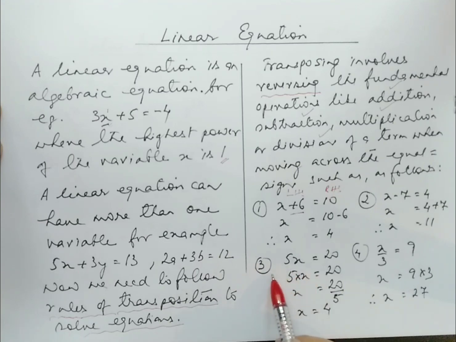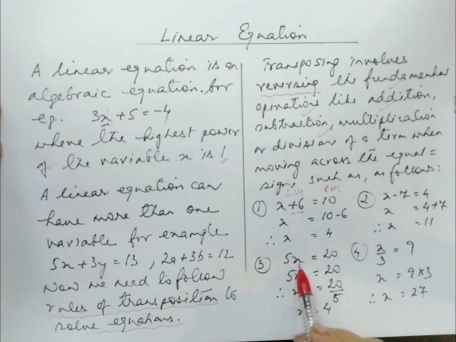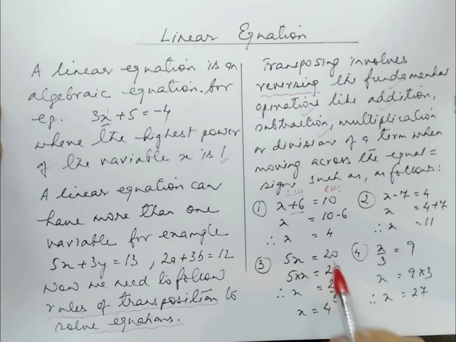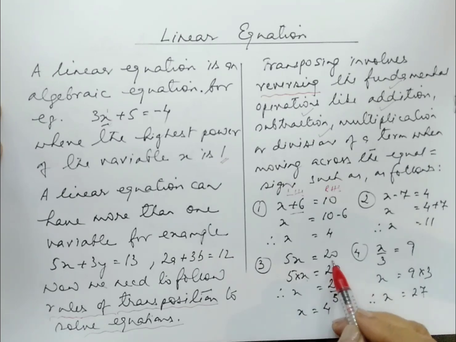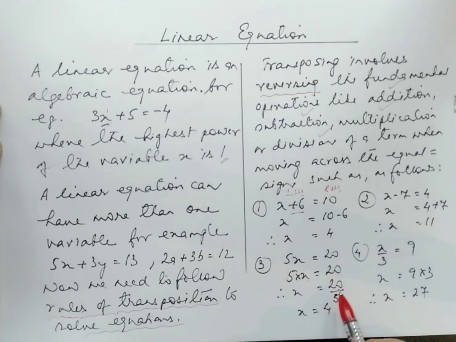The same thing here in the third case, multiplication. 5 into x, I have written over here, is equal to 20. Now you are able to register the multiplication sign between 5 and x, which means you immediately think that since it is multiplication, this will go to the other side to divide whatever is already present in the right hand side, RHS in short form.